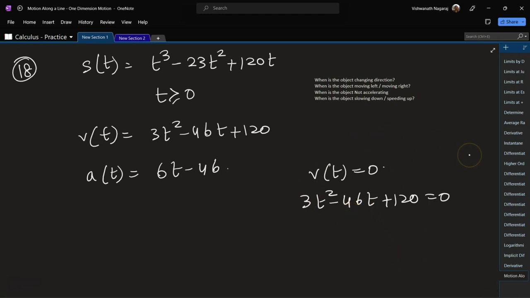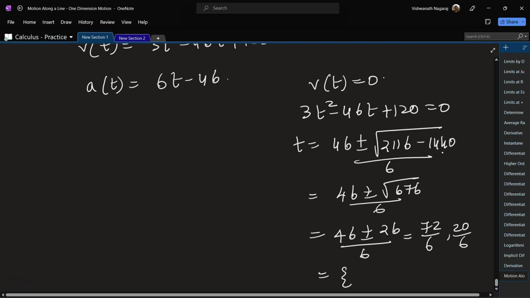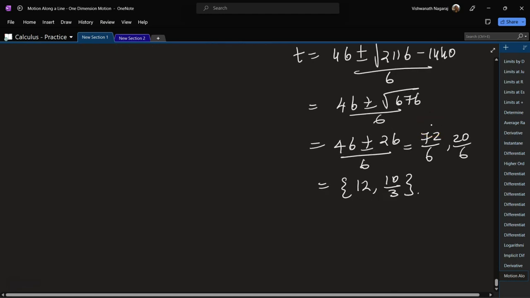So we are going to use the quadratic equation, which gives us two values of t: 10 by 3 and 12. So at these 2 points, the velocity will be 0. That means it will change direction.